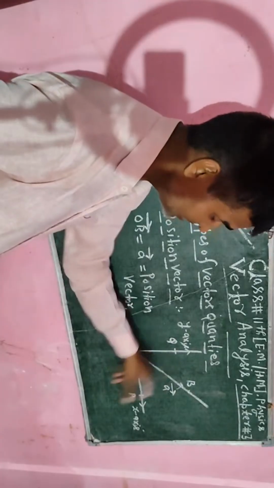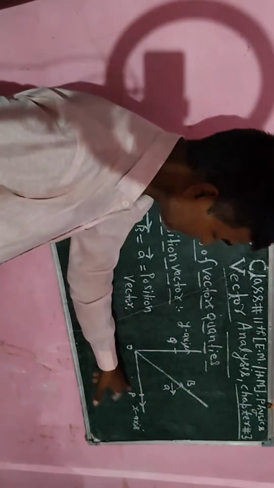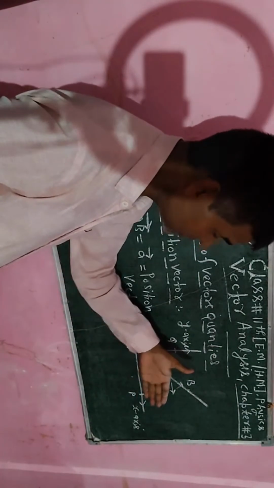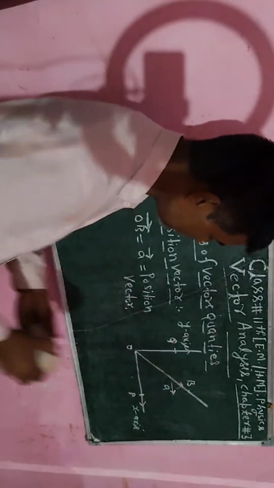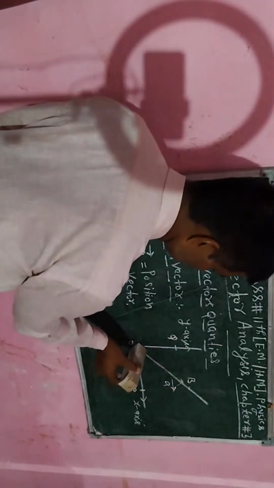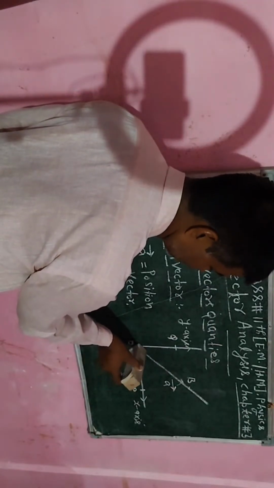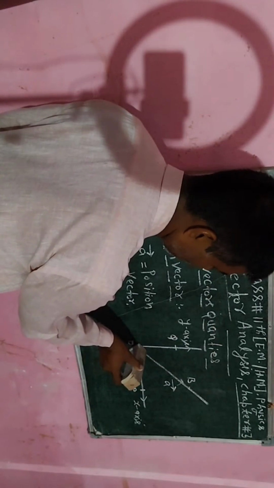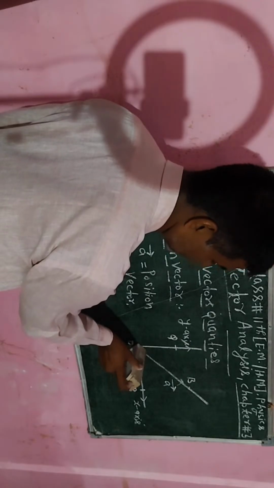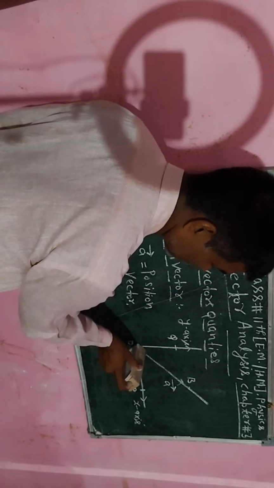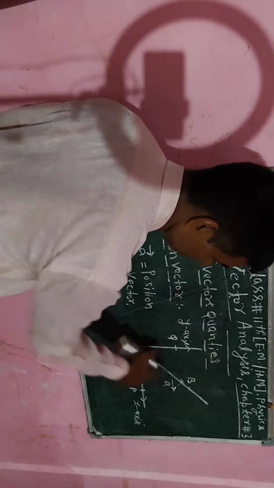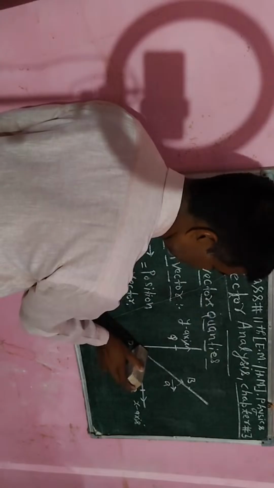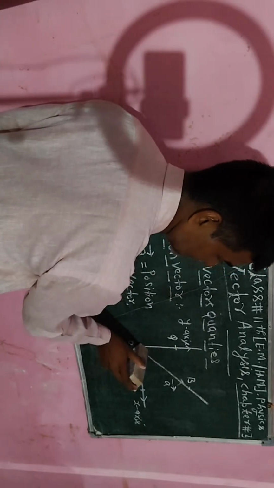Now here the x-axis and y-axis are available in the xy plane, but this vector will be along like this. So that OB vector will be along this direction. Because this blackboard is 2D, but this OB will be along this vector.